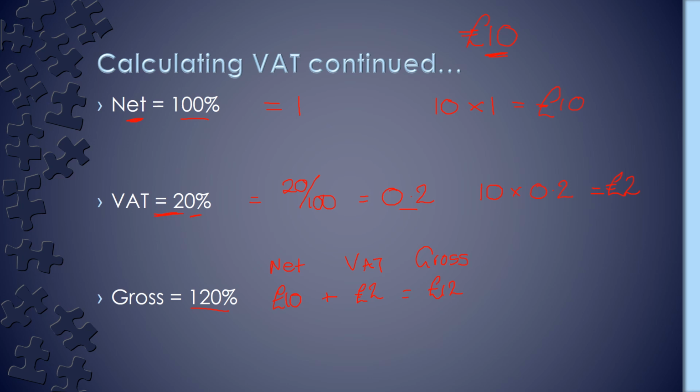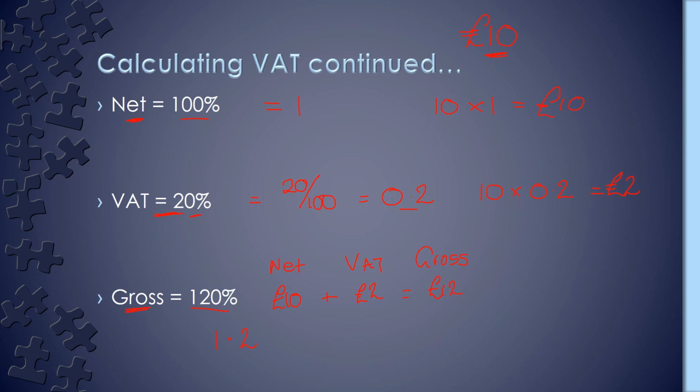The way we can do that is, our gross amount is 120%. So if 100% is equal to 1 and 20% is equal to 0.2, then our 120% must equal 1.2 in decimal format.